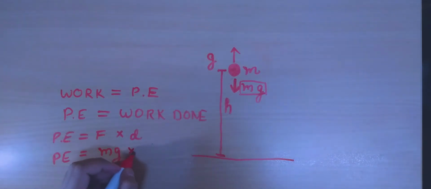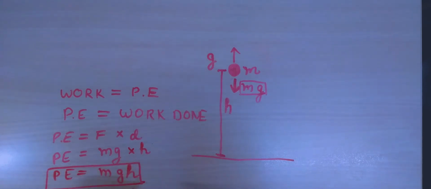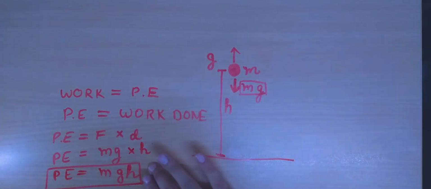So we can simply multiply this by h, and what we get here is Pe equals mgh. And that is the same formula that we had arrived at in the last module, mgh, remember? So potential energy equals mgh, and this is the mathematical derivation of the formula for potential energy of an object.